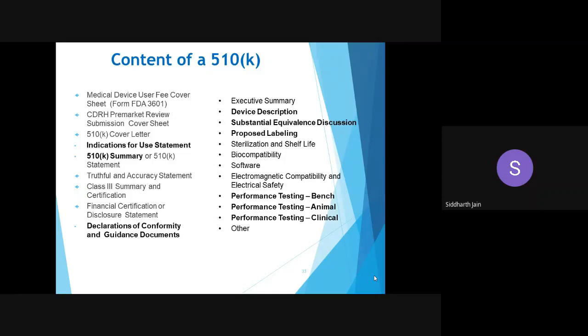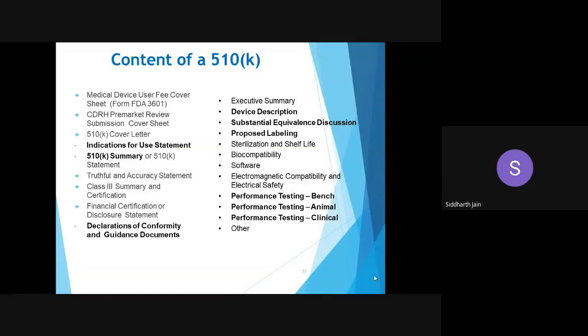Then the truthful and accuracy statement. The truthful and accuracy statement is very important for the US FDA 510K application. Why? Because if the US FDA inspectors or reviewers find that you have breached or forged your data, they have the right to immediately cancel your 510K application.